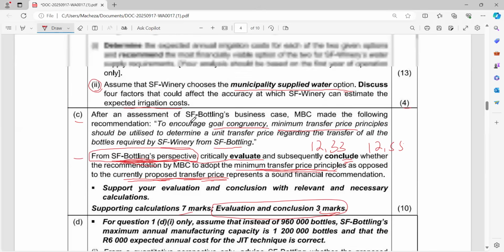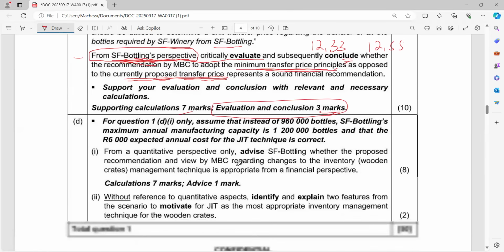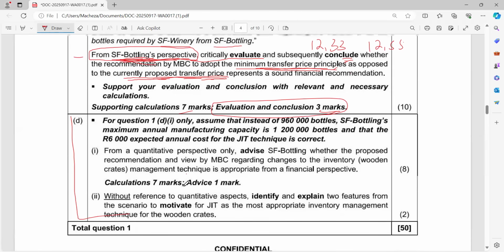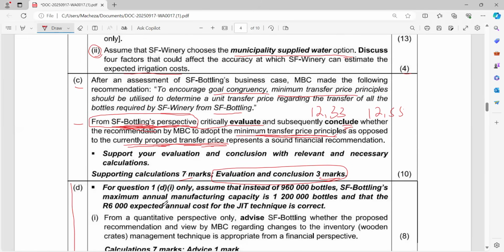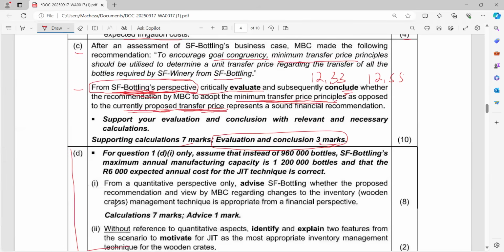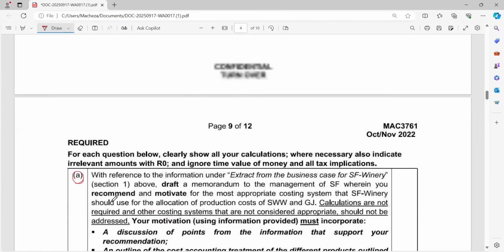If there is any question on this part, I don't want us to do D, they are phasing it out, it's just cracking your head, those economic order quantity. They are phasing it from our syllabus and putting it to second year. Even if you check your FAC now, they are phasing out some topics from third level and pushing them back to second level.